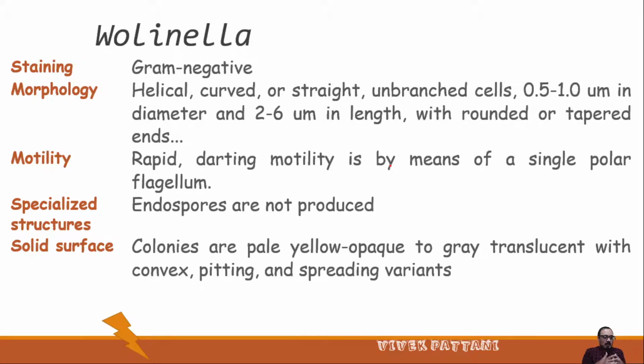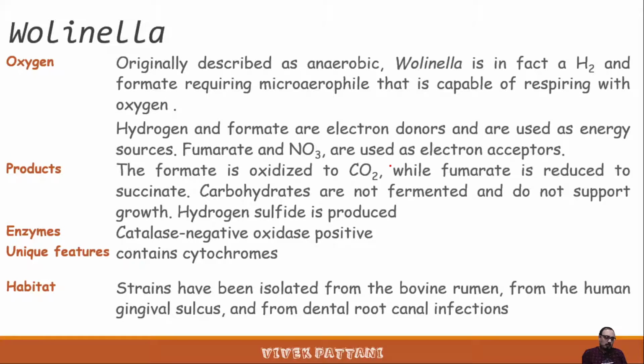They have rapid, darting motility by means of a single polar flagellum, and they do not produce endospores. On solid medium their colonies are pale yellow, opaque to grey translucent, convex with pitting and a spreading variant.